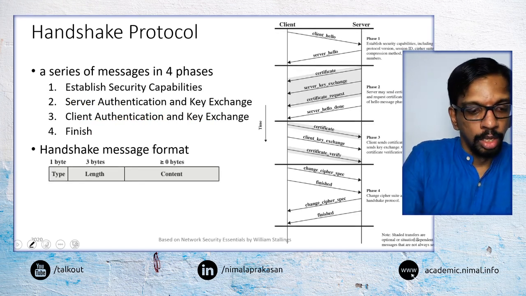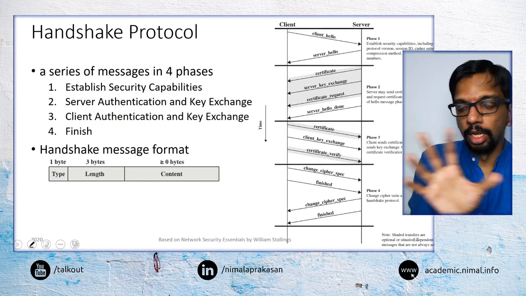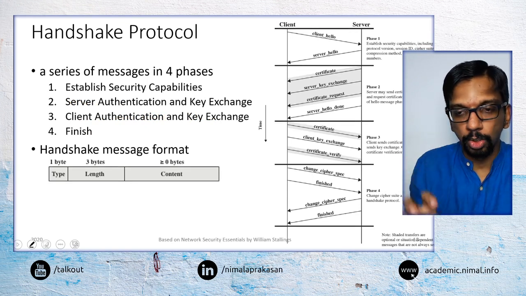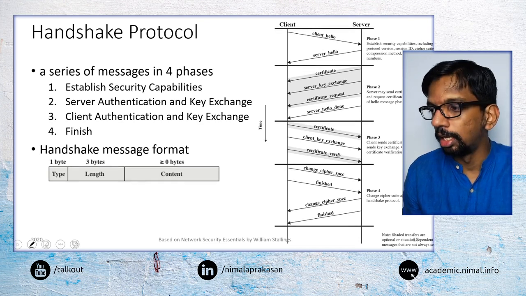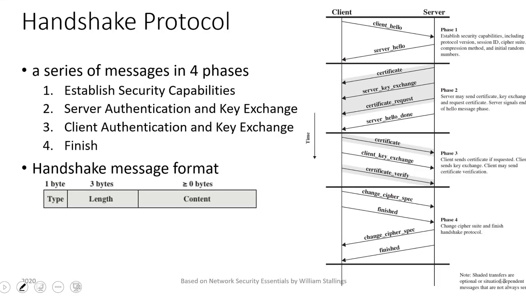We can see the handshake protocol in four major steps, as illustrated in this diagram. The first one is establishing the security capabilities. The second phase is server authentication and key exchange.